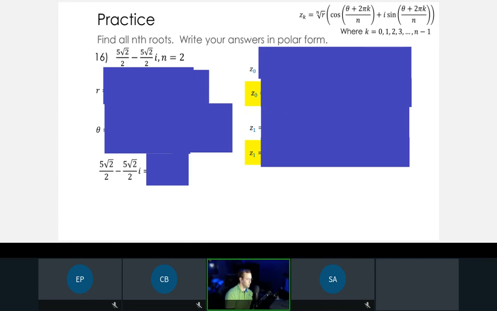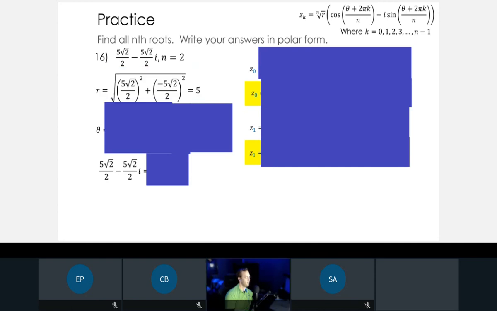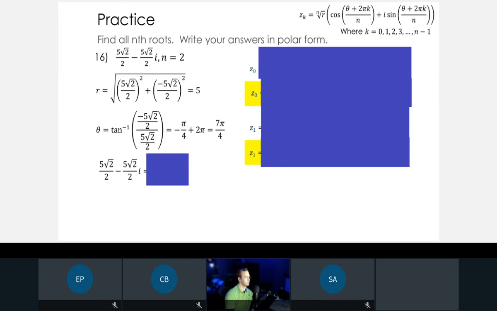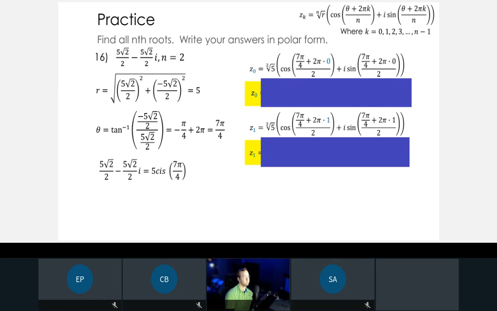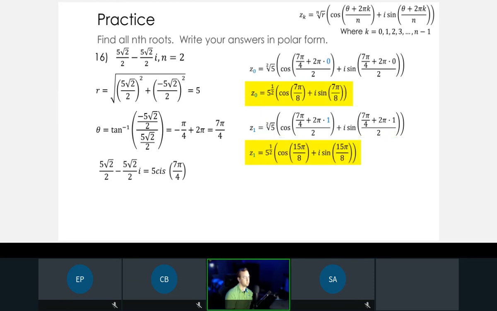The last example, number 16, converting from rectangular into polar. Here is the work. And then finding the nth roots. Here's the setup. And here are the solutions.